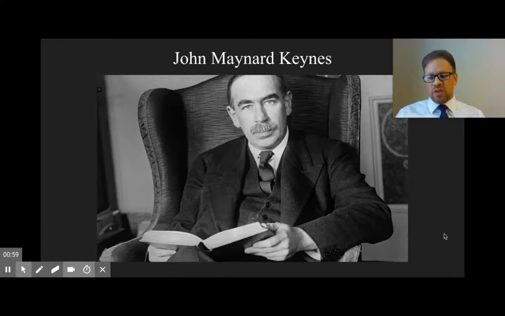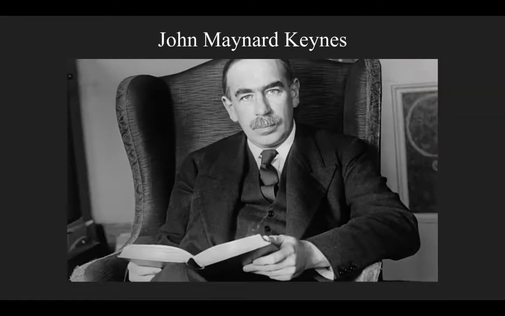And he also suggested that government intervention could actually help an economy during recessions or depressions for that matter. The work of British economist John Maynard Keynes laid the groundwork for demand-side economics, which is sometimes called Keynesian economics.